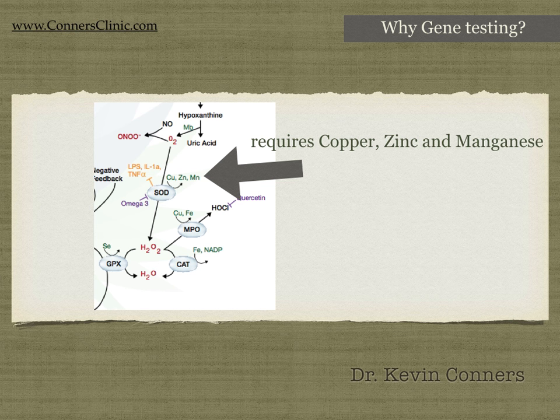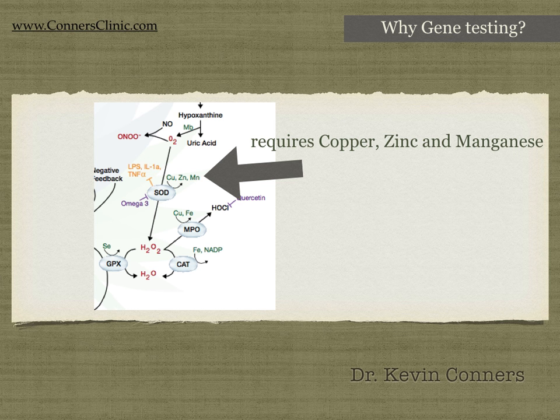They require different ones of these minerals in order to create superoxide dismutase. So we want to look at the cofactors, these are considered cofactors in this case, to help this gene function. But remember, we don't want to just give SOD. There's SOD supplements out there on the market, and you do have to be careful whether they're even stable past the hydrochloric acid of your stomach.